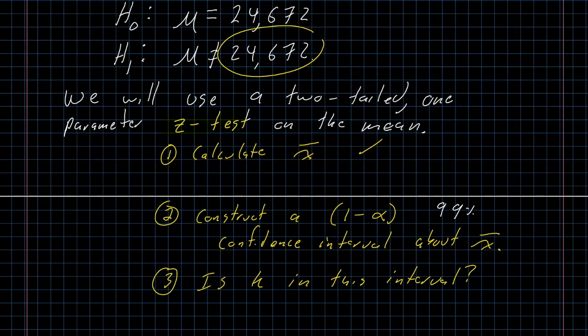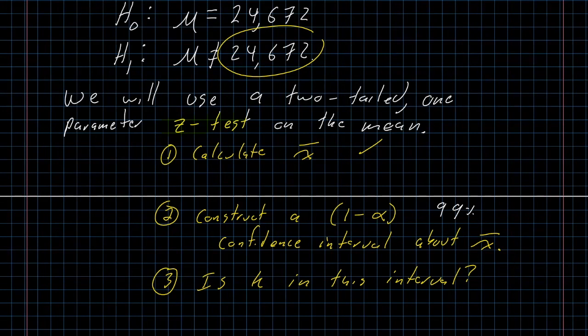Right. Confidence intervals tell us that with 99% certainty, the true value of the mean is within the interval. And so if the value that we are asking about by our null hypothesis is within the interval, then the possibility is high that the value for the population is equal to that.